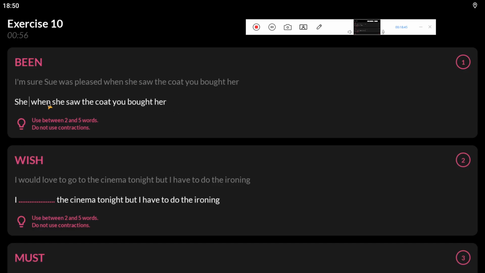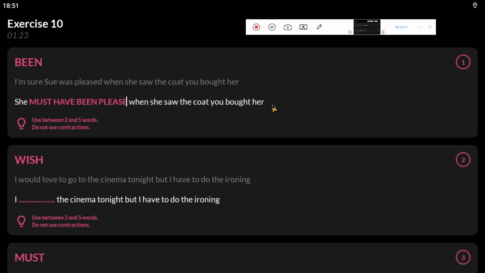Almost there, my dear. She must have been. She must have been, when it comes to speculating. Ella debe haber estado pleased, right? When she saw the coat you bought her. Because it says I am sure, so it seems like you are claiming that it was true.